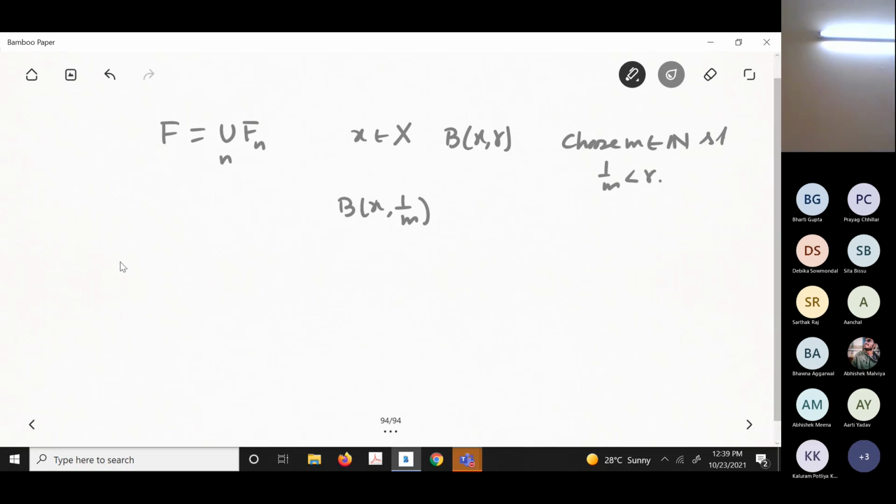Remember that here I got X as the union of B(y, 1/n), y belongs to F_n. Don't confuse with this x, so I am writing different notation. This I got by using compactness, so y belongs to F_n.